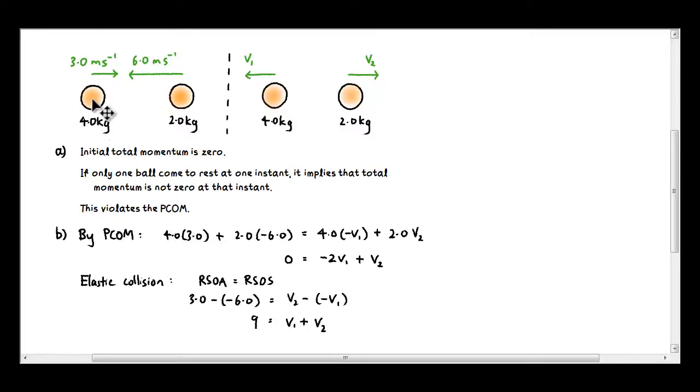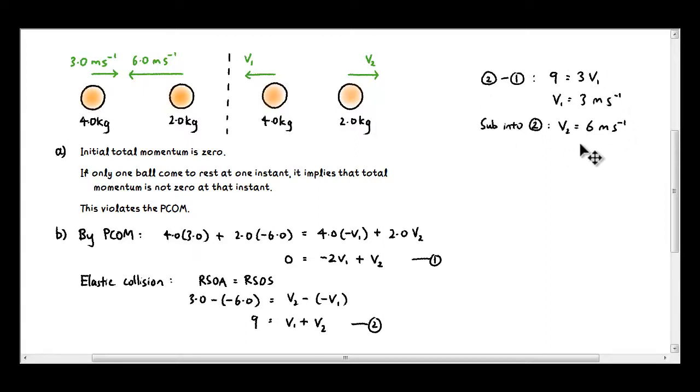The speed at which the 4 kg ball was approaching the 2 kg ball is 3 minus negative 6. And the speed at which the 2 kg ball was pulling away from the 4 kg ball can be written as v2 minus negative v1. And so here we get our second equation, and the rest is mathematics.